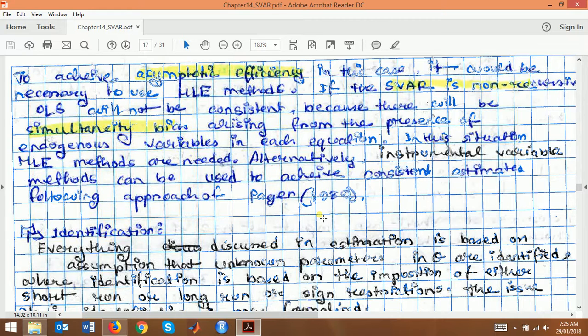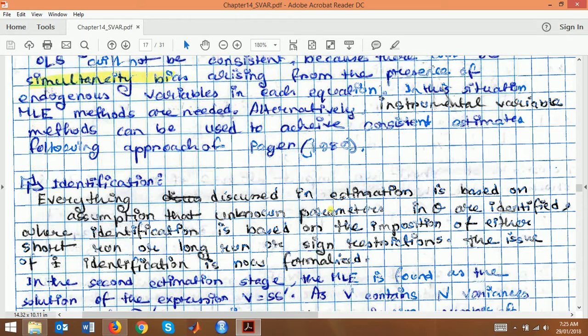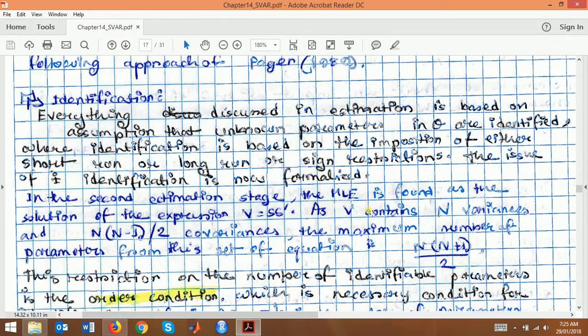So the next topic is identification. Everything we have discussed in estimation is based on the assumption that unknown parameters in theta are identified, where identification is based on the imposition of either short run or long run or sign restrictions. The issue of identification is now formalized.